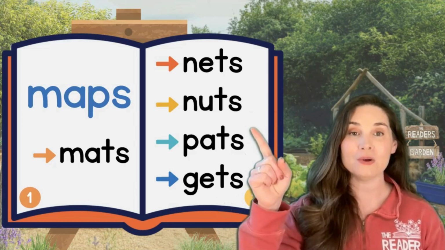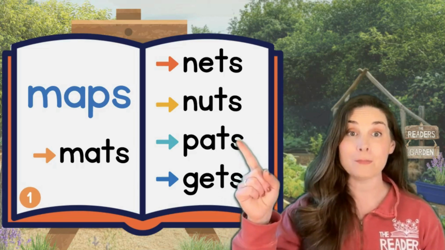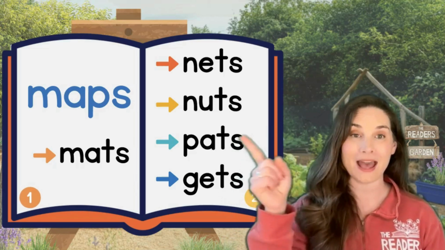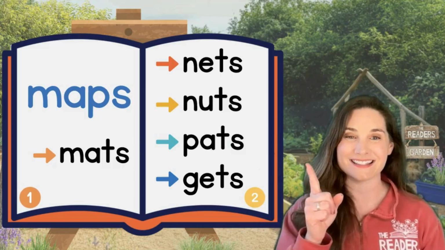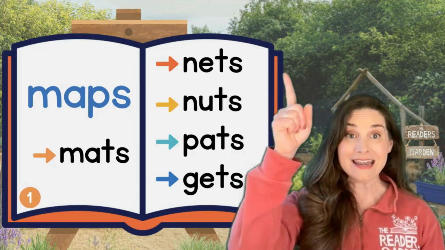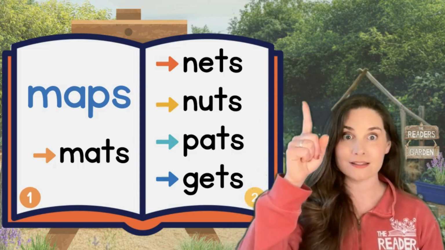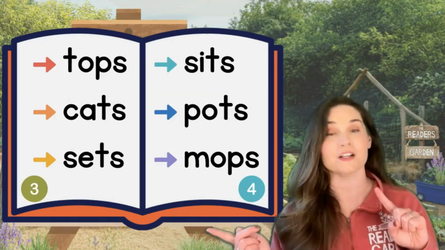The yellow arrow, nuts. The teal arrow, pats. And the blue arrow, gets. Now let's read all of the words on page 2. Nets, nuts, pats, gets.